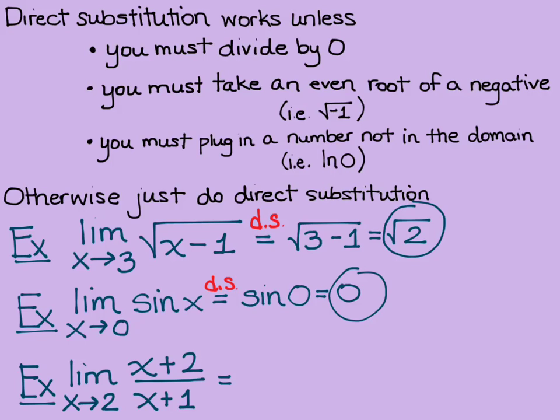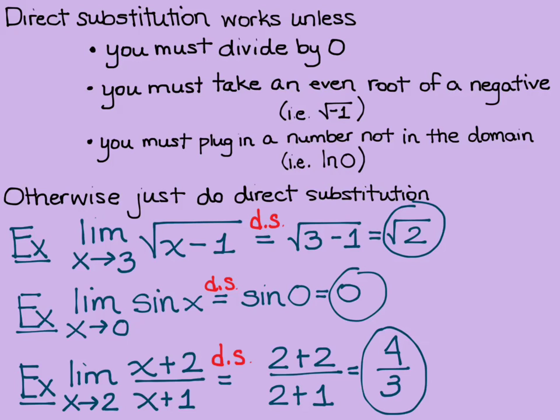For another example, the limit as x goes to 2 of x plus 2 over x plus 1. Using direct substitution, we get 2 plus 2 over 2 plus 1, which is 4/3. So anytime you don't have to divide by 0, take an even root of a negative number, or plug something into the domain that wouldn't normally exist, any other time we just use direct substitution, and it's very easy.